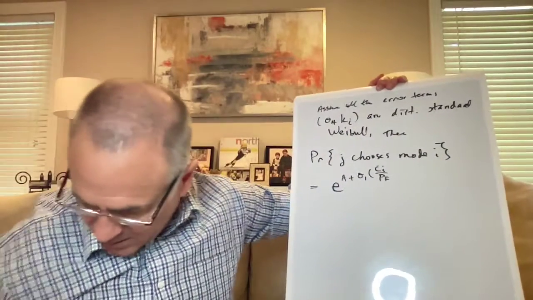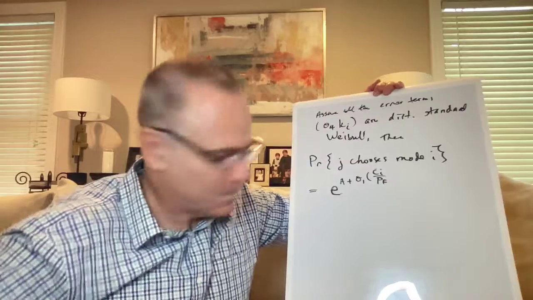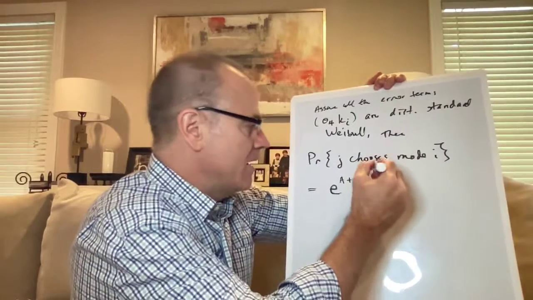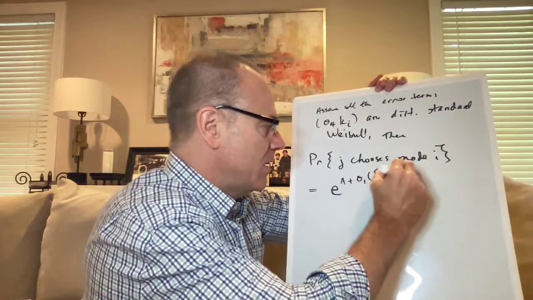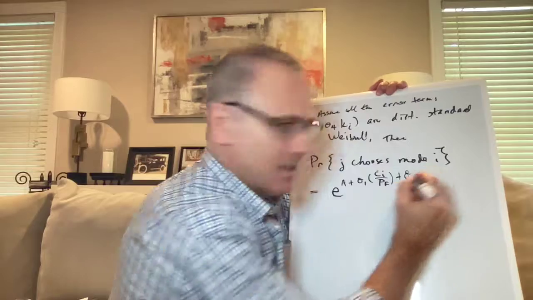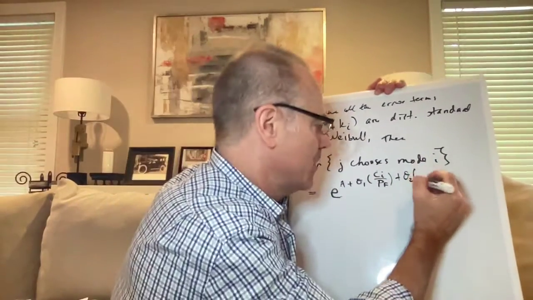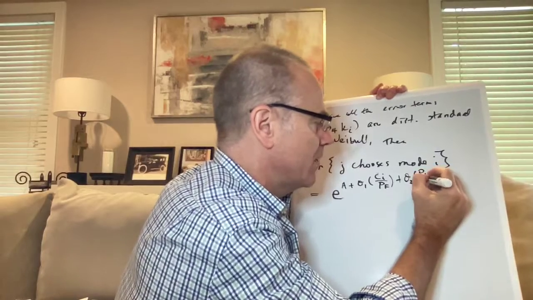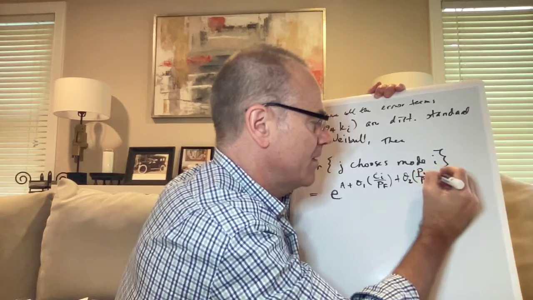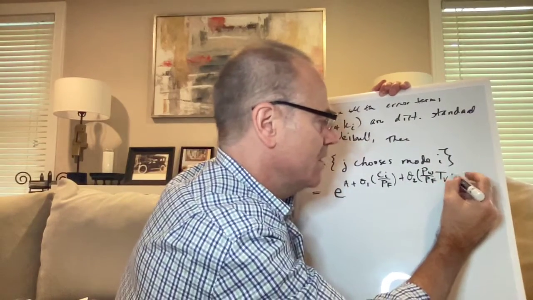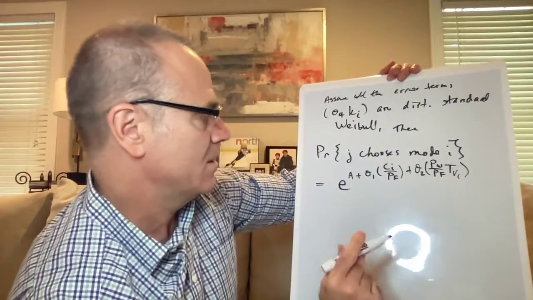Okay. So the probability person J chooses mode I equals that plus theta 2 times P_W divided by P_F times TV_I. Darn.